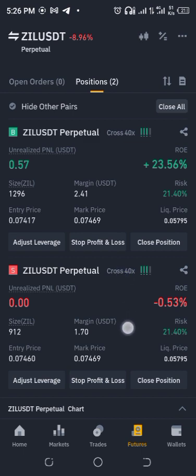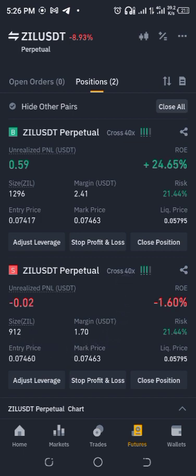You see what happened? So my liquidation price actually went back to 0.05795. You see that the margin actually affects the liquidation price as well. Now, this is the size of the market, the number of positions I'm holding in the market.